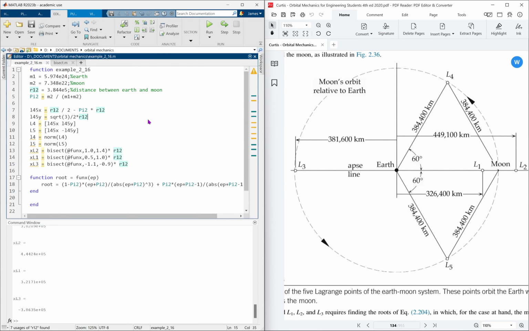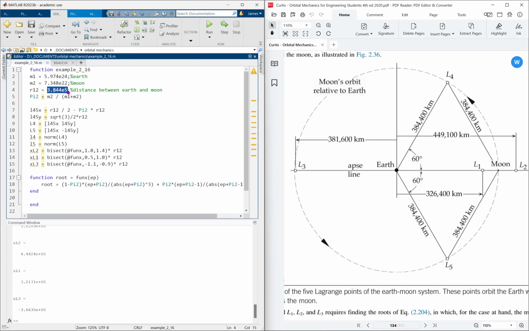So this is MATLAB with example 2.16 from the book, and here I have the Earth, the Moon, and the distance from the Earth to the Moon, R12.